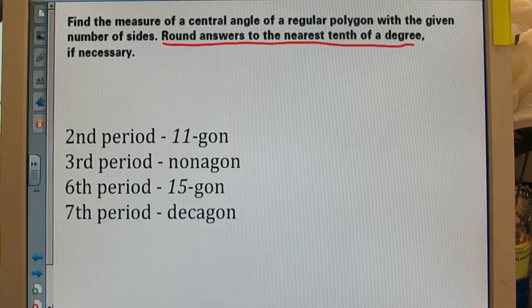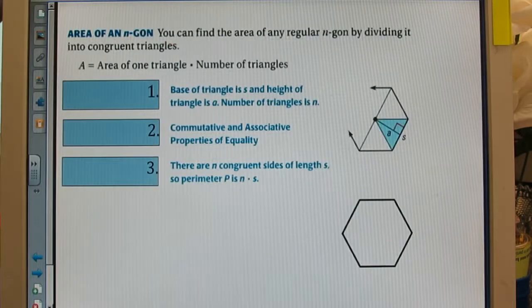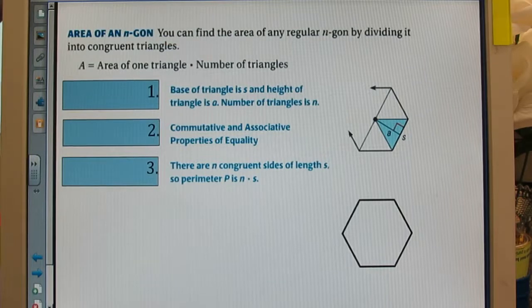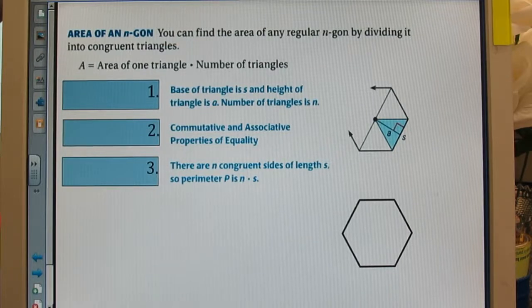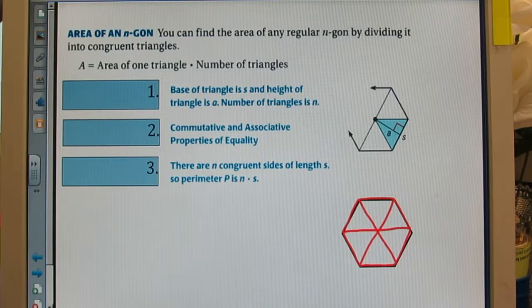So how does this help us find the area of an n-gon? You can find the area of any regular n-gon by dividing it into congruent triangles. So once again, I have a hexagon here on the board, and I can divide this hexagon into 6 equal triangles.